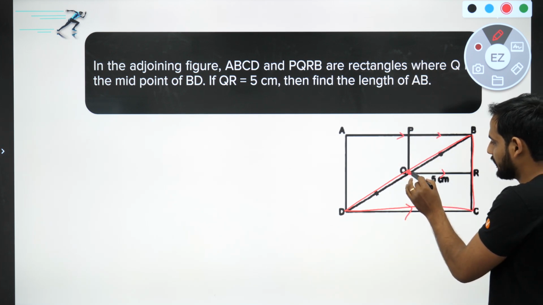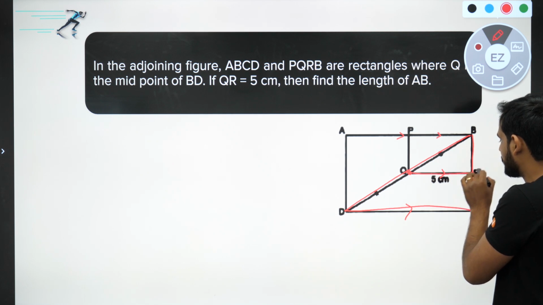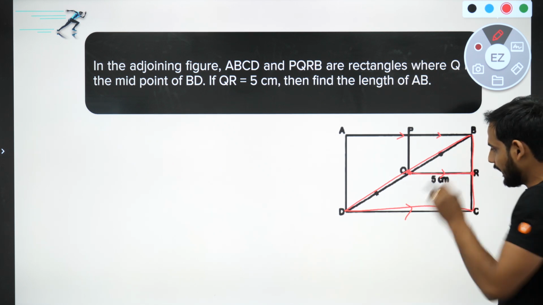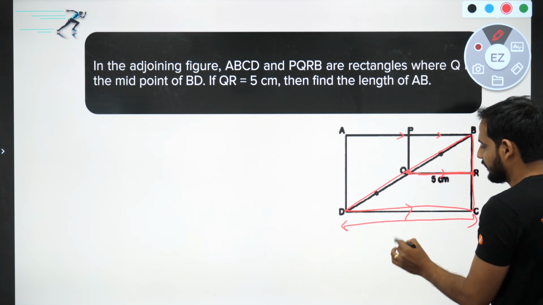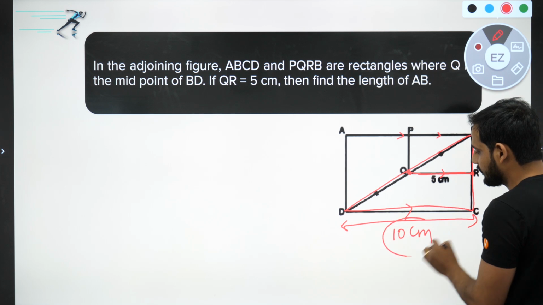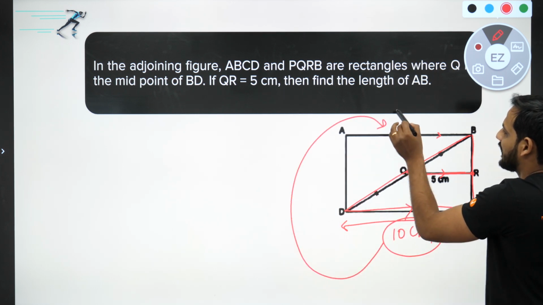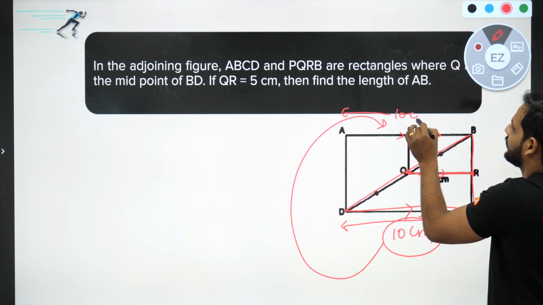So from the midpoint, if you draw a line parallel, it will intersect the third side at the midpoint, and this line will be half of this line. So if it is 5, this will become 10 centimeter, and since it is a rectangle, AB will also be equal to 10 centimeter.